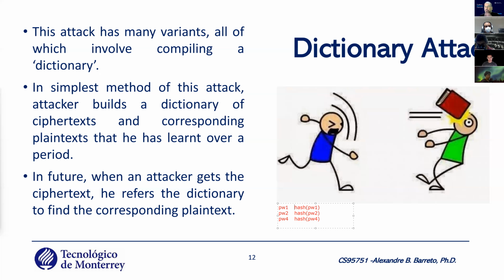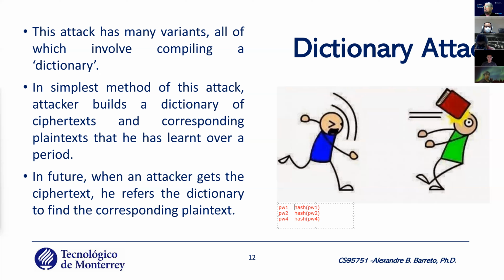For example, you sniff the network and the user types the password. However, the password that passes in front of you is a hash value, a protected value. And you use the dictionary to try to discover these passwords.